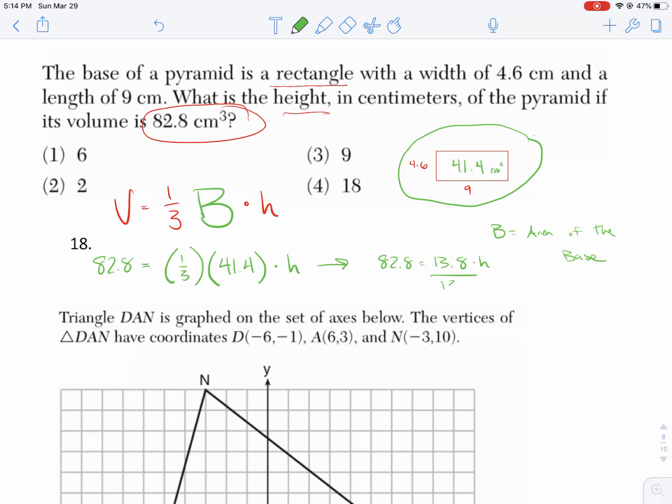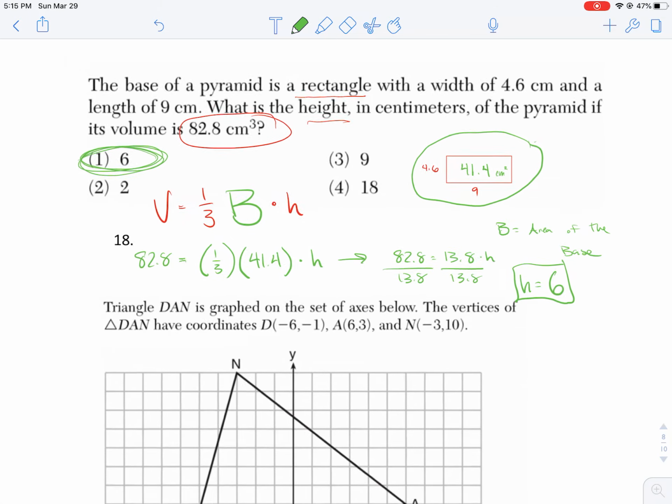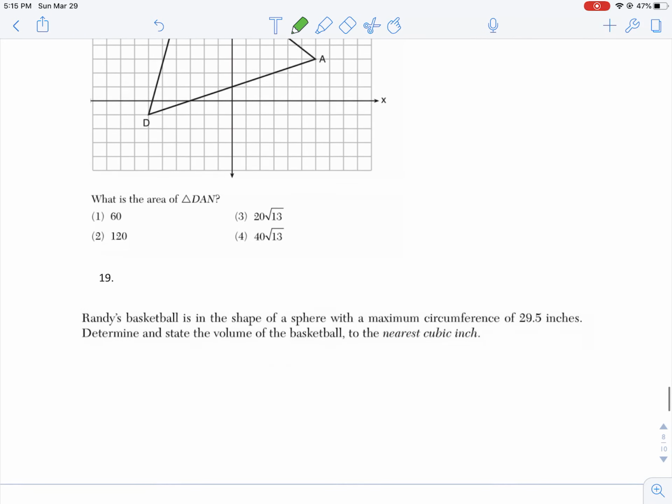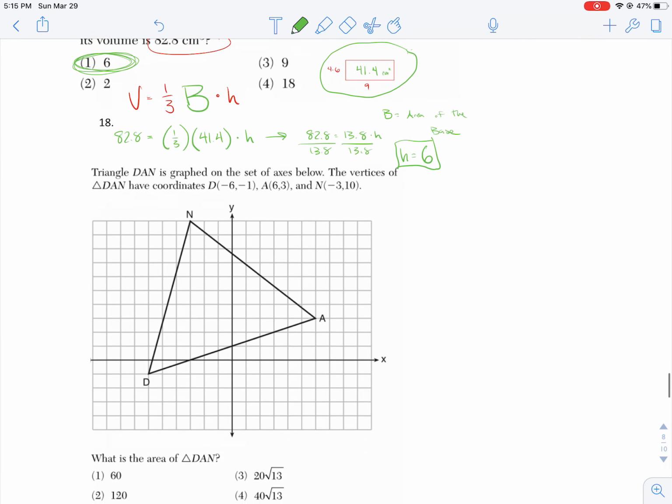So you get 82.8 is equal to 13.8 times h. Divide both sides by 13.8, and you get h is equal to a nice even and whole number, 6. All right, so the height of this pyramid is 6, which, do we see that? We sure do. Okay, it's cool. Always makes you feel good when you see the answer there.